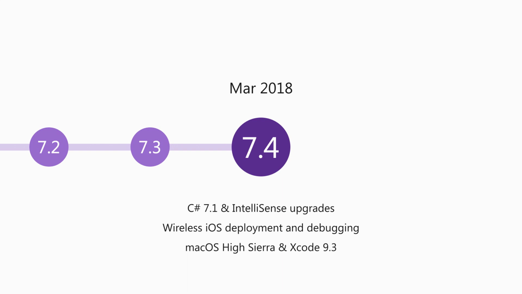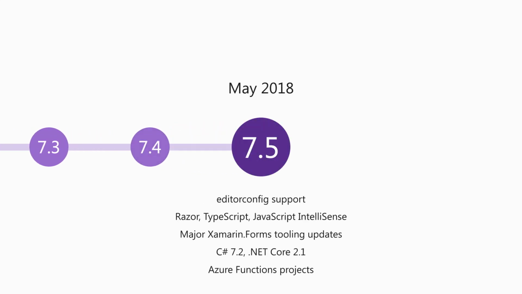So if you wanted to have a headset or an accessory plugged in, for example, you can now do that while you were debugging. 7.5 in May of last year was a very big release in that we added editor config support, so you could share your settings about how things should be formatted and so on across your team and also across Mac and Windows, so your whole team could have consistent style settings.